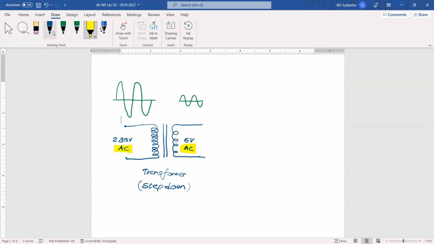Then what we are going to do, we can apply a diode here, and we can put our load. For the load, we can draw a resistor. Otherwise, this resistor can be replaced by any electronic device, any electronic module or whatever. But for the moment, we can draw a resistor and this diode.